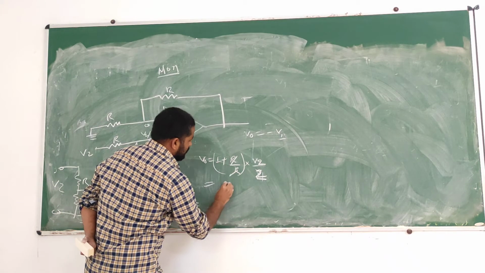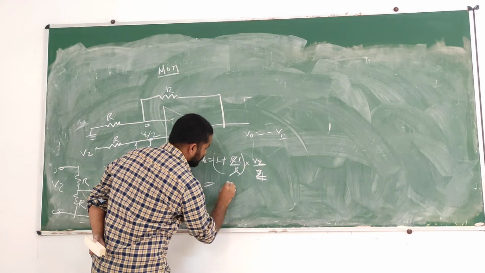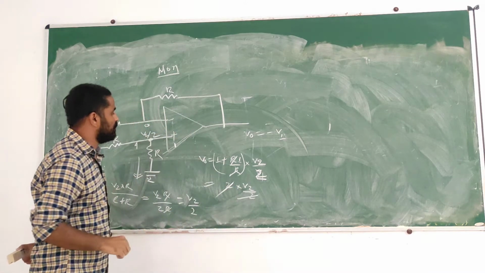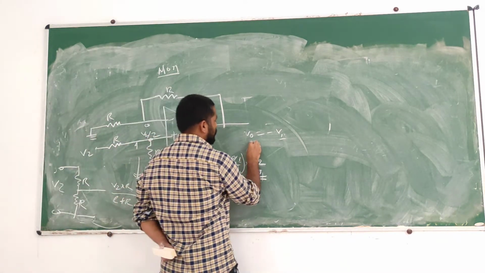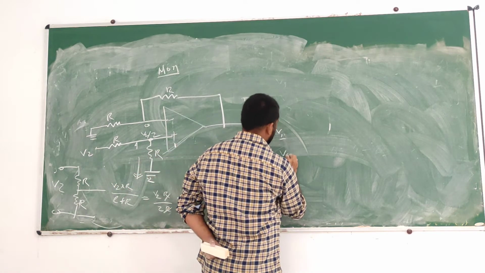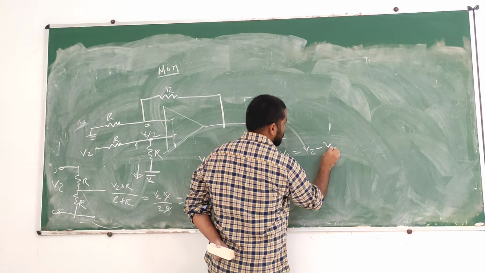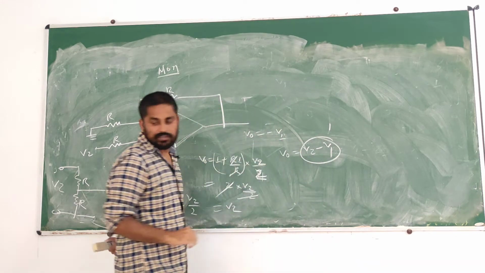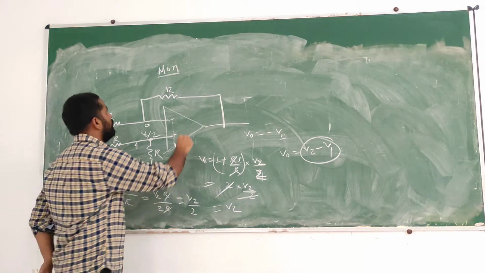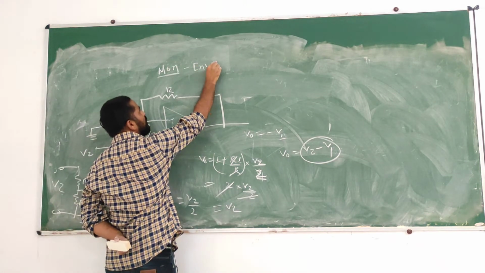So this is 1 plus 1, 2 into V2 by 2. The 2 cancels, so the output is V2. So we got V0 equal to V2 minus V1. This is the difference, and we can get it with the help of a non-inverting amplifier.